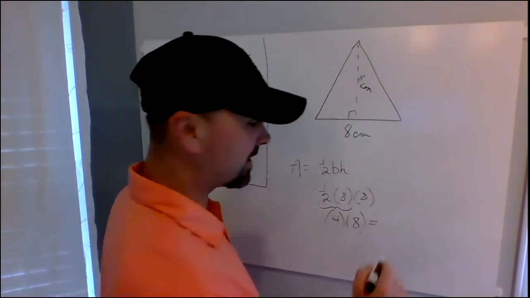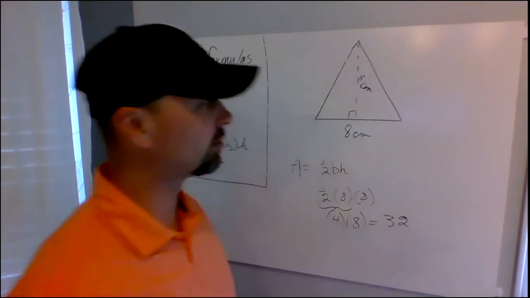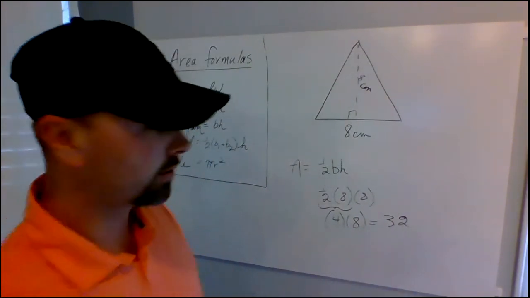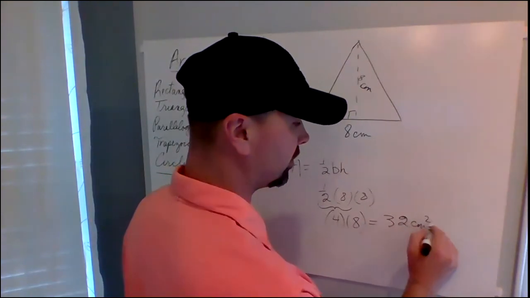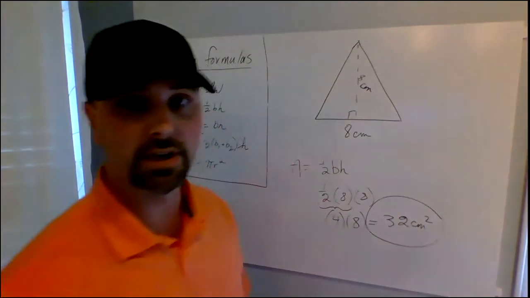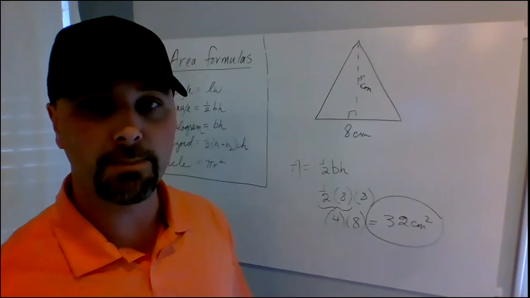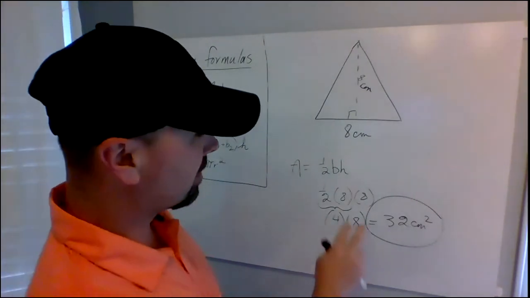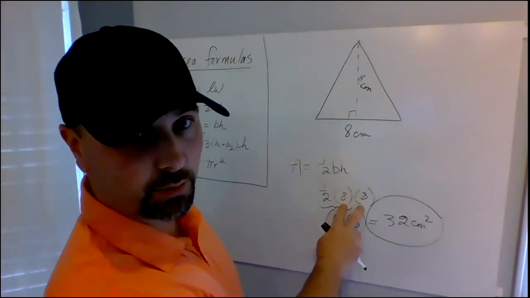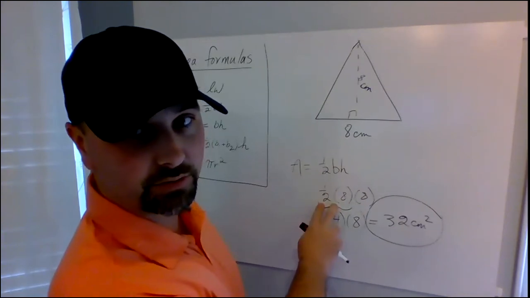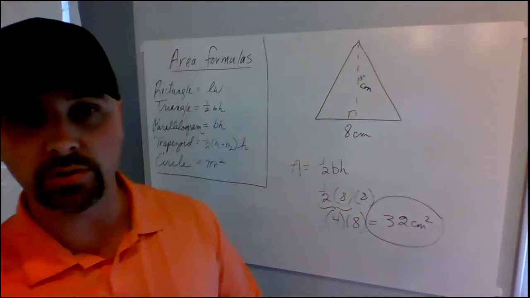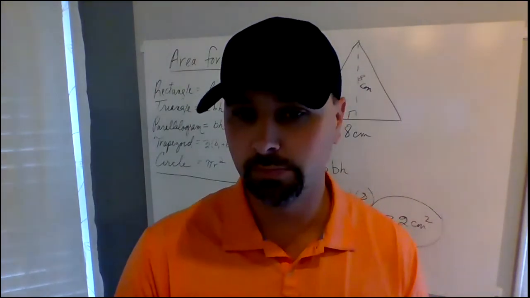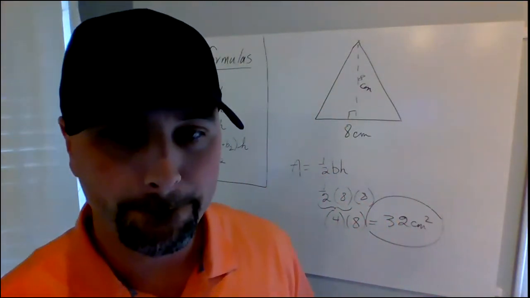Multiply that times my second 8 to get a total of 32 square centimeters in that triangle. Okay? You could have started with 8 times 8, which is 64. Half of 64, still 32. Okay, hopefully you got that one right.